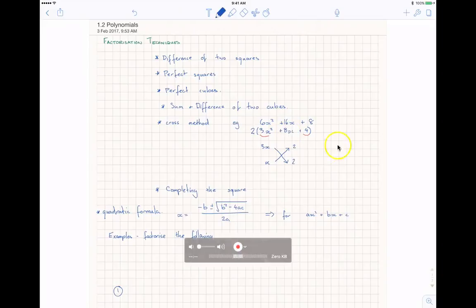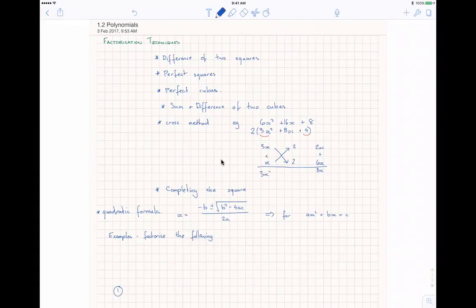we cross multiply x with the 2, and we get 2x. Cross multiply 3x with 2, and we get 6x. When we add those together, we get 8x. Just double checking: if we multiply these two, we get 3x squared. Multiply these two, we get 4. So we have our 3x squared, our 8x, and our 4, which means that this is a factor and this is a factor.